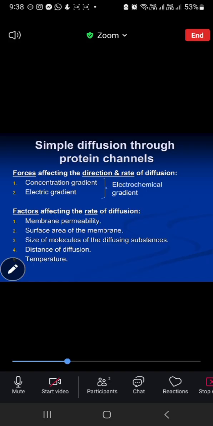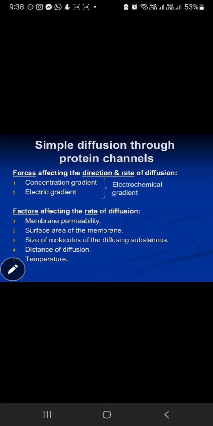Also, the factors that affect the rate are five: temperature, distance of diffusion, size of molecule, surface area of membrane, and membrane permeability. And what is that?